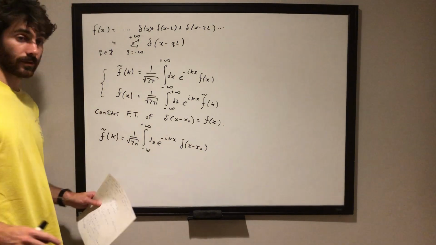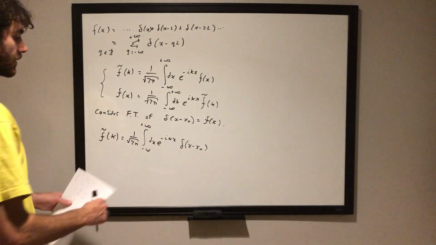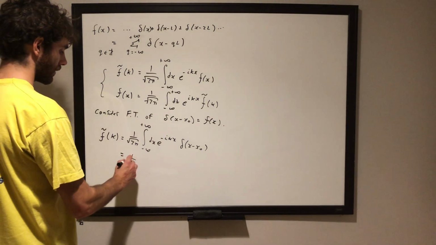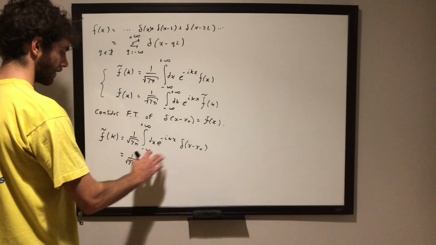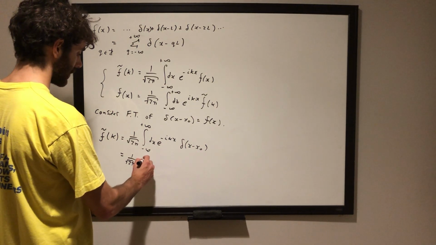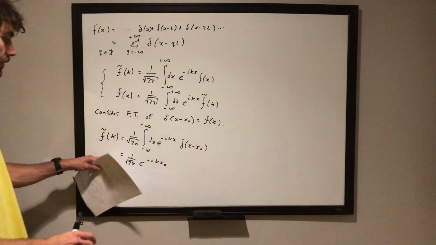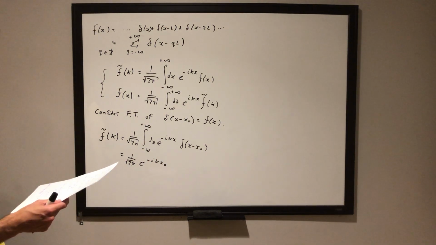And now that we know how to manipulate delta functions, we see that this integral collapses, and we're left with just the value of this guy, e to the minus i k x, evaluated at x naught. So we get e to the minus i k x naught. So that's the Fourier transform, f tilde of k.